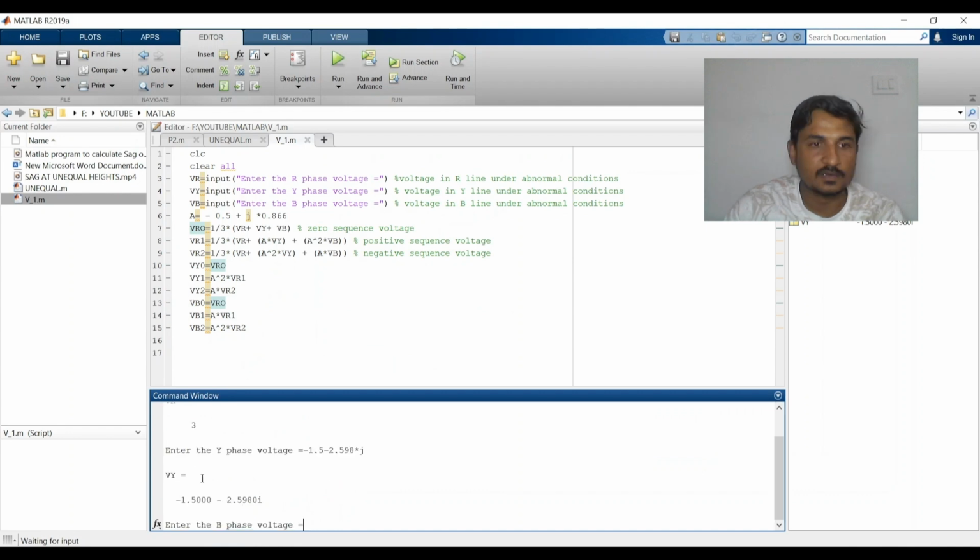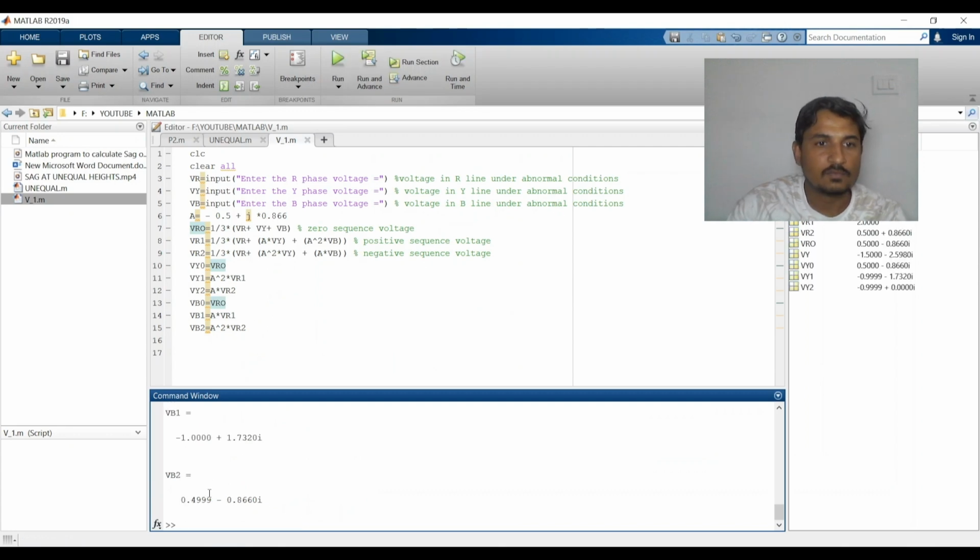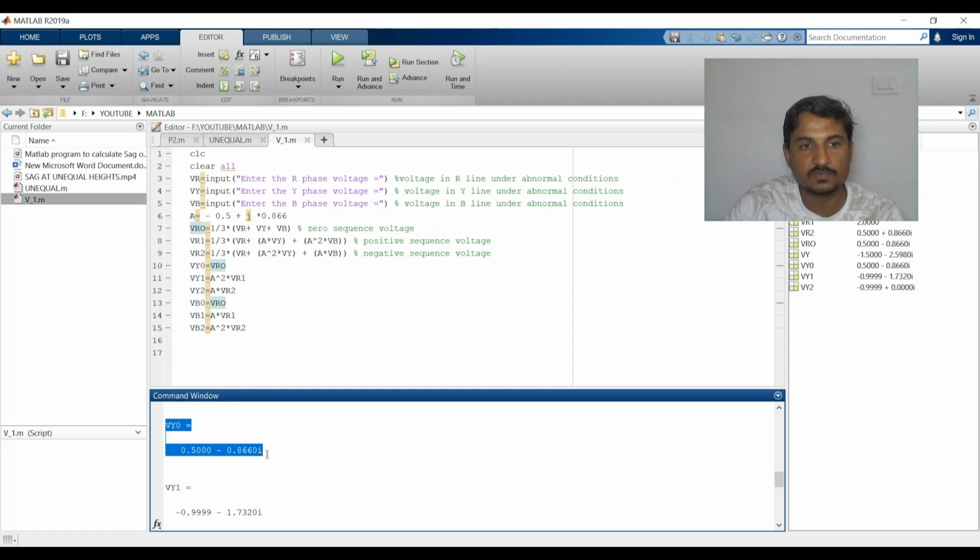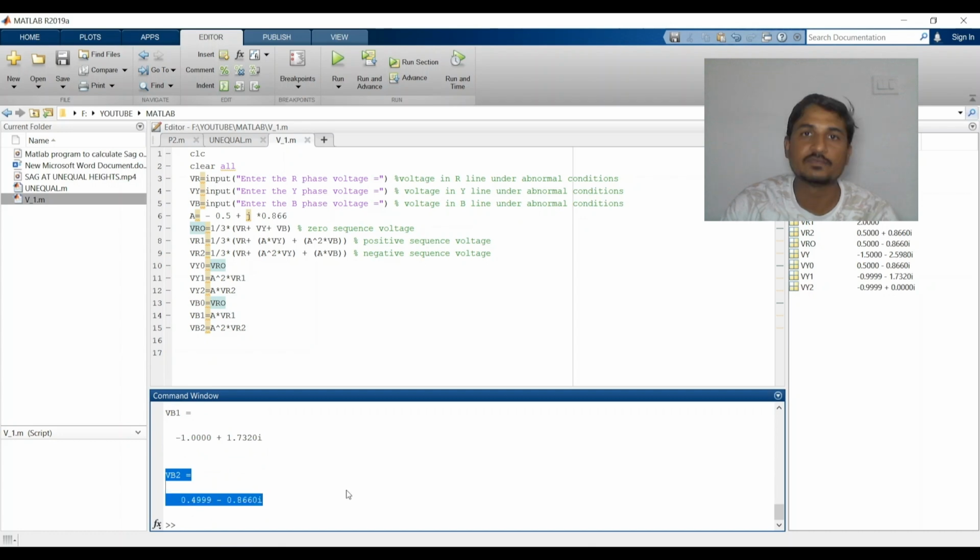If you enter, it is asking for the B phase voltage and it is 0. Now we got Vr0, Vr1, and Vr2 also. Similarly, Vy0, the zero sequence of Y phase, Vy1, the positive sequence of Y phase, Vy2, the negative sequence of Y phase, Vb0, the zero sequence of B phase, Vb1, the positive sequence of B phase, and lastly Vb2, the negative sequence of B phase.